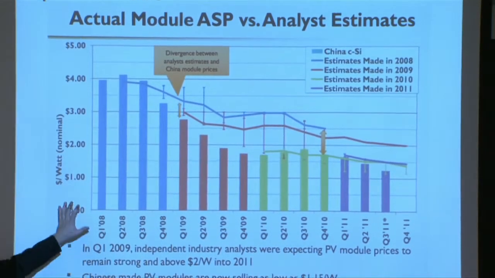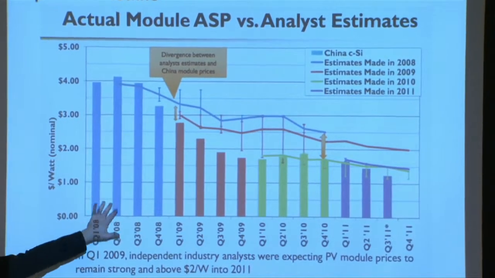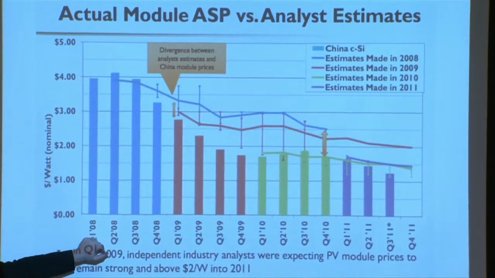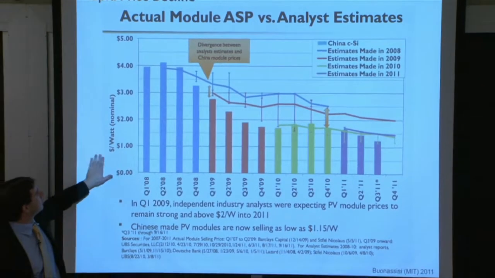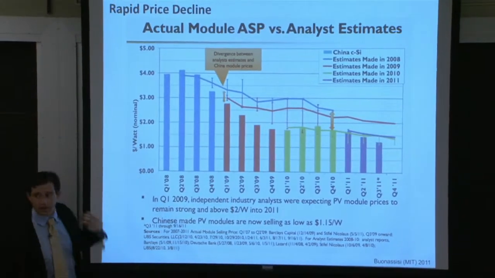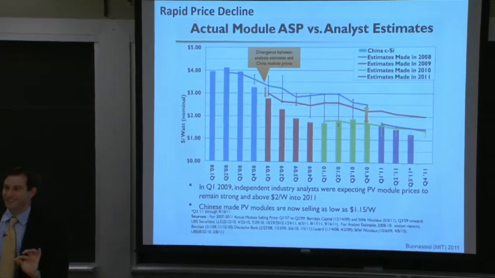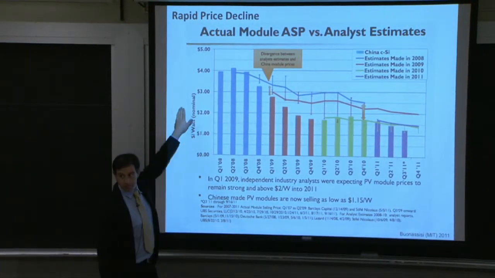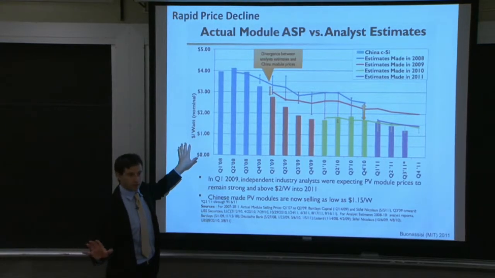Chinese manufacturing and Taiwanese manufacturing really started ramping up around here, 2007, 2008. And so what happened? This here is price. Not cost, price.